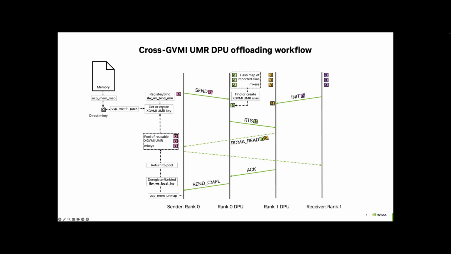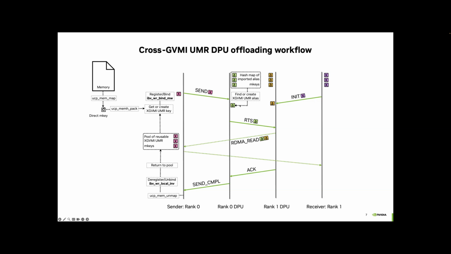We take this key, and then we register it with the current memory region using the API. We are going to discuss it later on the next slide. So we use this API to register or bind it, and then we send this key to the GPU side, and then on the GPU side again we find or create the alias in the hash map.